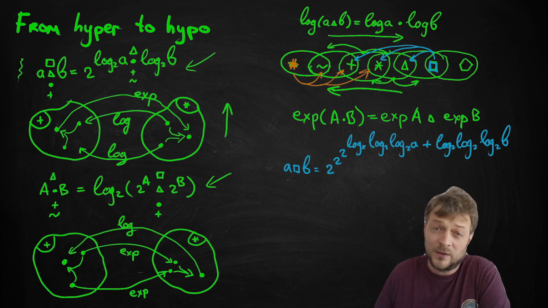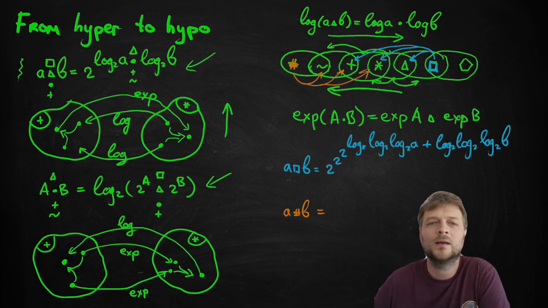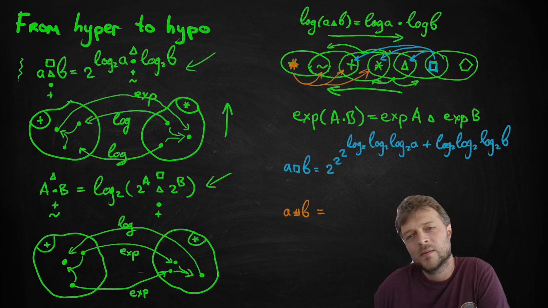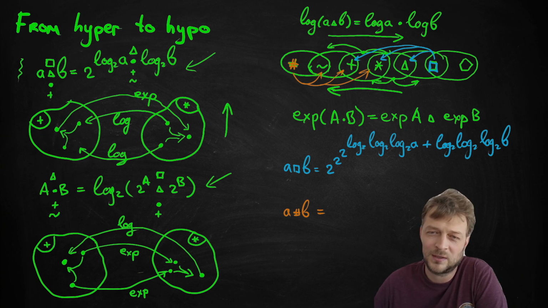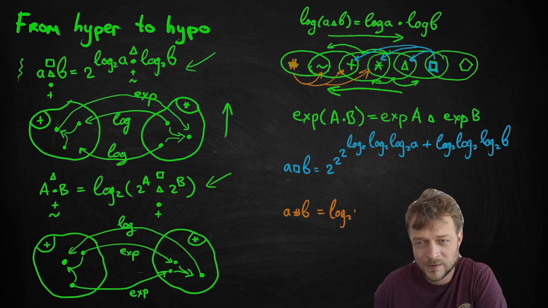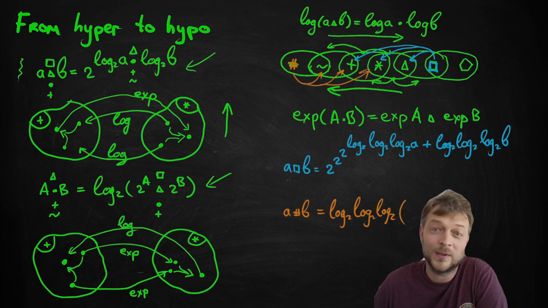So it's again 3 layers, and that means that A sharp B will be equal to, with exponentiation replaced with log and log replaced with exponentiation, a triple log, and here we will have powers, and then we arrive at multiplication, so we have to multiply this.